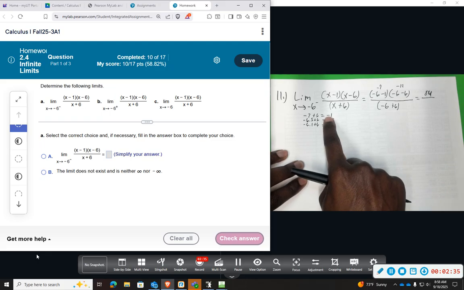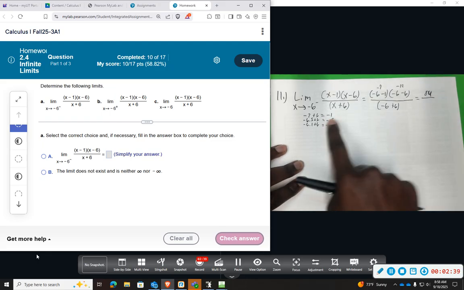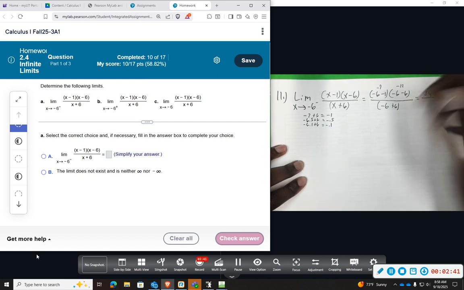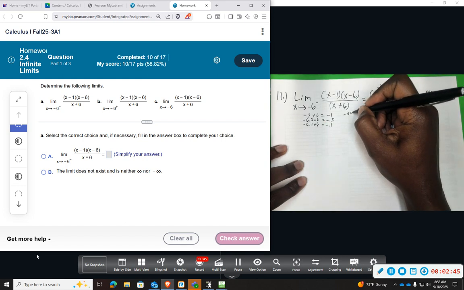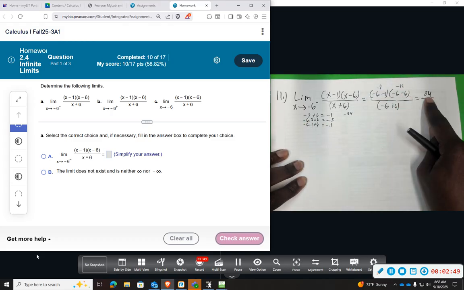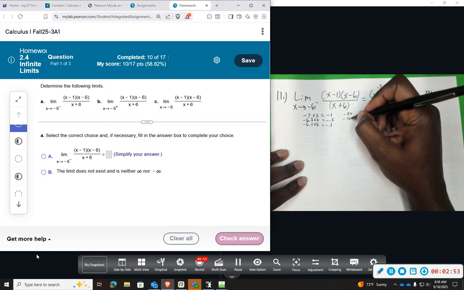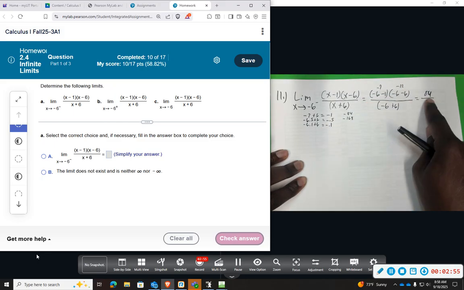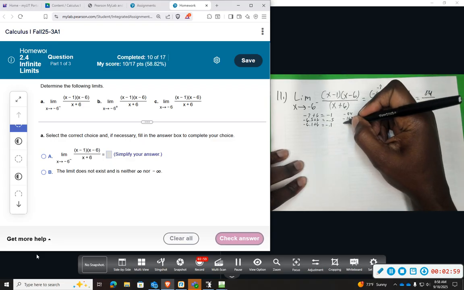So if I take each of these numbers and divide 84 by these numbers, the first one will give me a -84. And then if I divide it by -0.5, that'll give me a -168. If you divide this by -0.1, you'll get a -840.